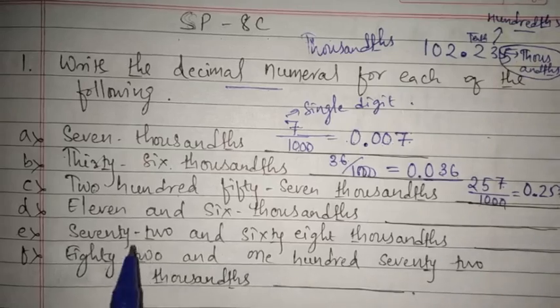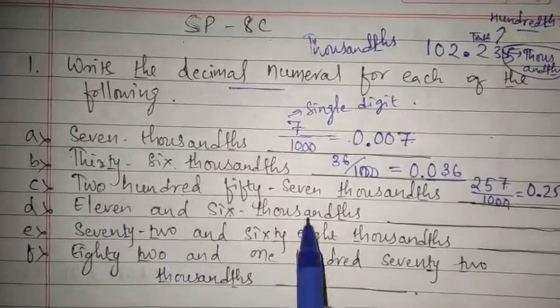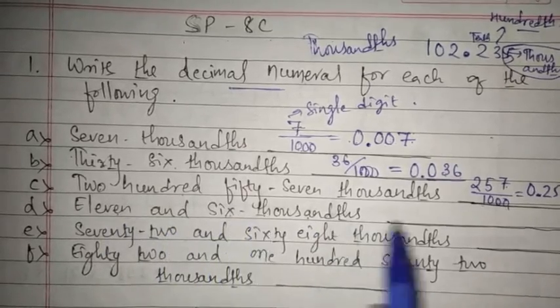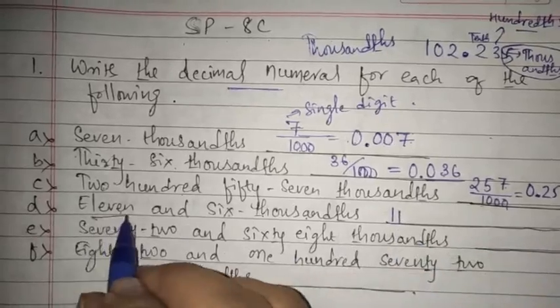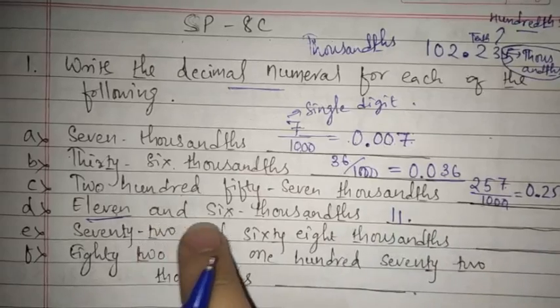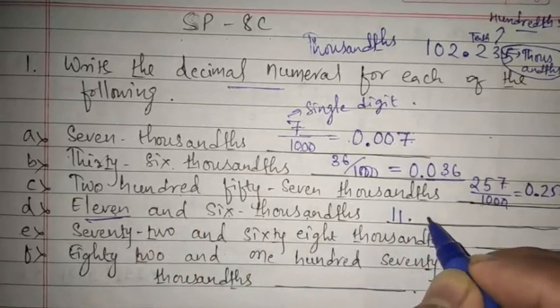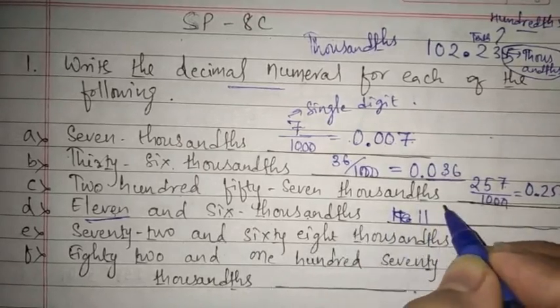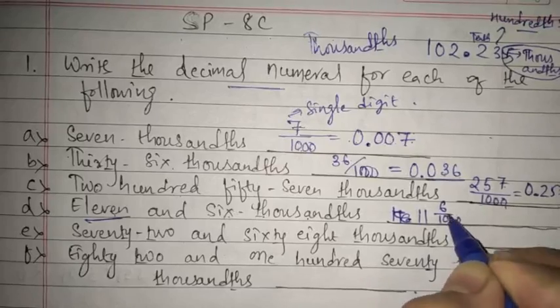Understood? So 11 and 6/1000. Just see, it is 11 and 6/1000. So 11 means this is before the decimal. I'll be writing directly here. 11 and 6/1000 means, let us write this as a mixed number first: 11 and 6 divided by 1000.